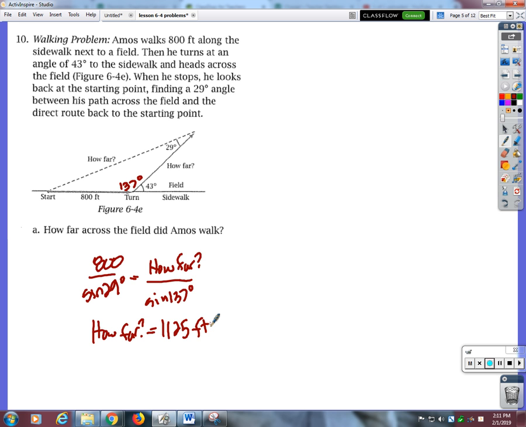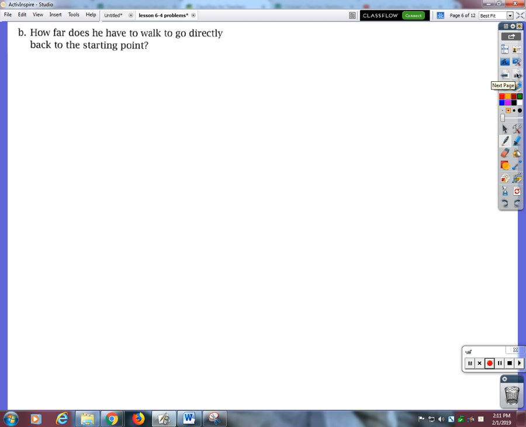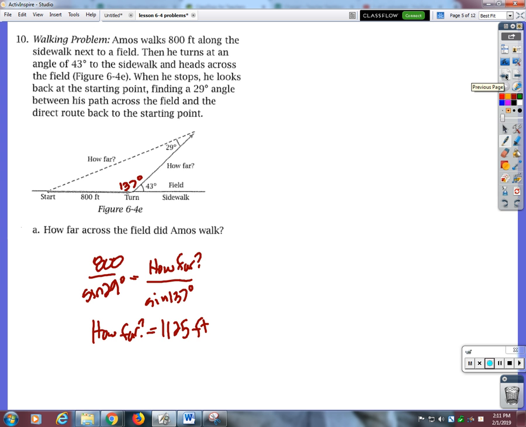I like that answer, Olivia. The other one's 800. That's a bigger angle. That seems about right. Okay, how far does he have to walk to go directly back to the starting point? Didn't we just figure that out? Oh, the other side? Got it. So let's find the other how far then.